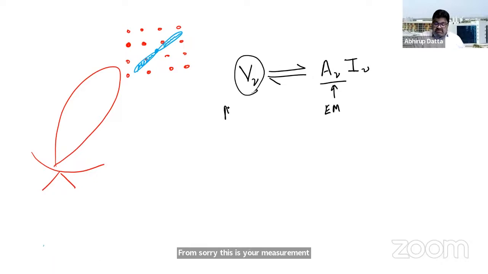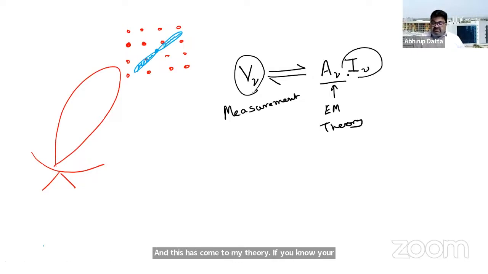This is your measurement. And this comes from electromagnetic theory, if you know your antenna very well and designed it very well. And this is finally your sky, which you are trying to image. This is not a single value because you have multiple baselines.